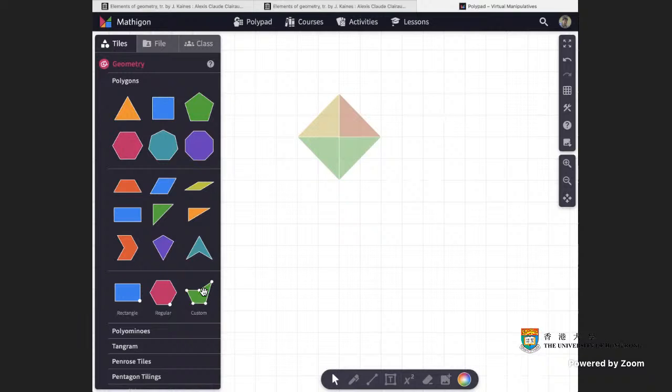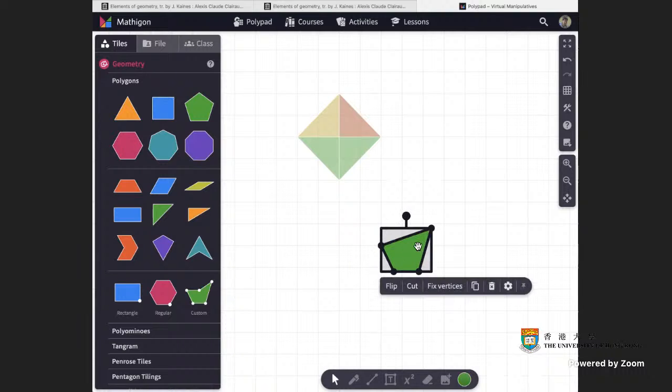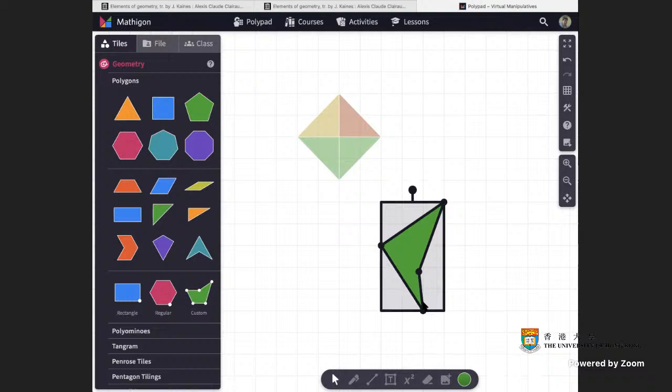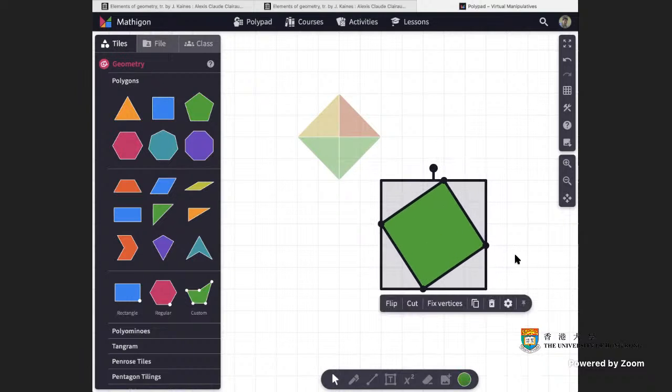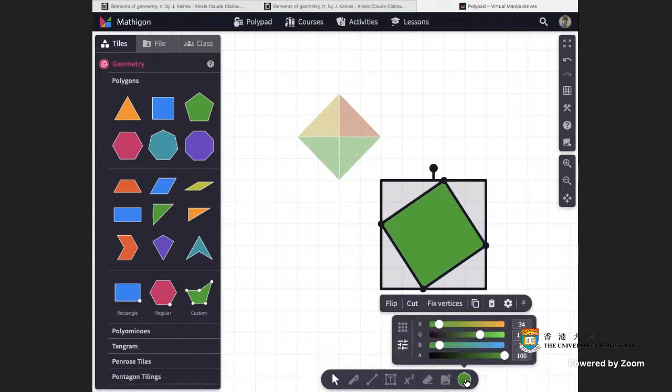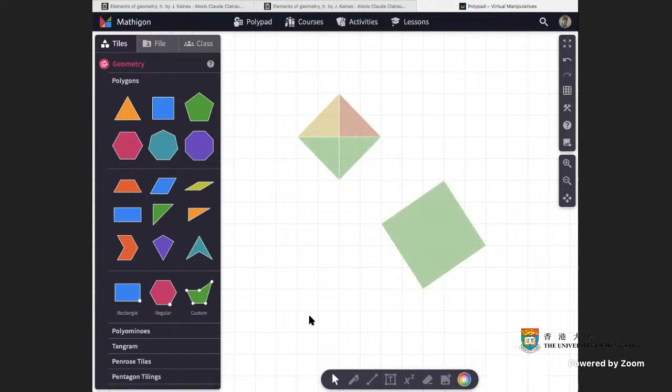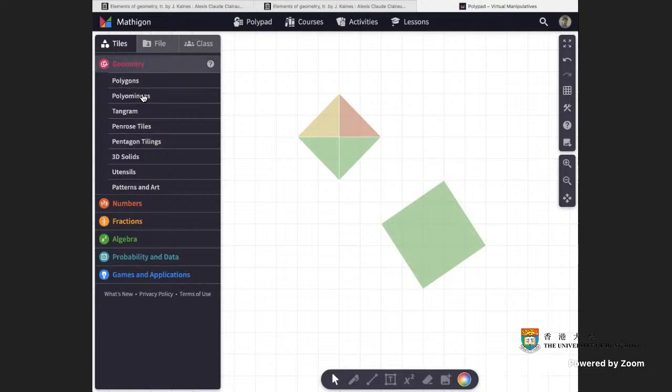Now, the next one will be more challenging. I also draw a square on the grid, and they can first think about whether this is also a square. To start with, you may even use the utensils in the Polypad.